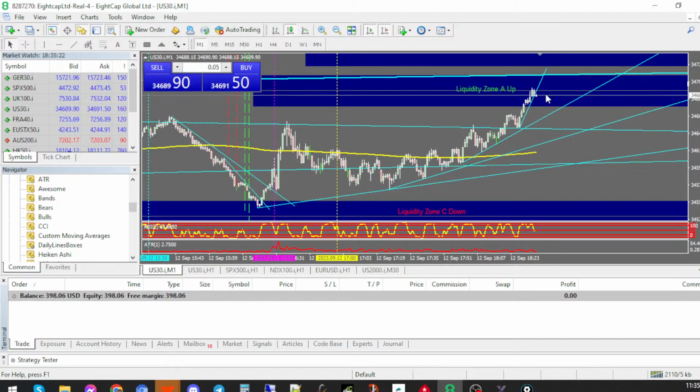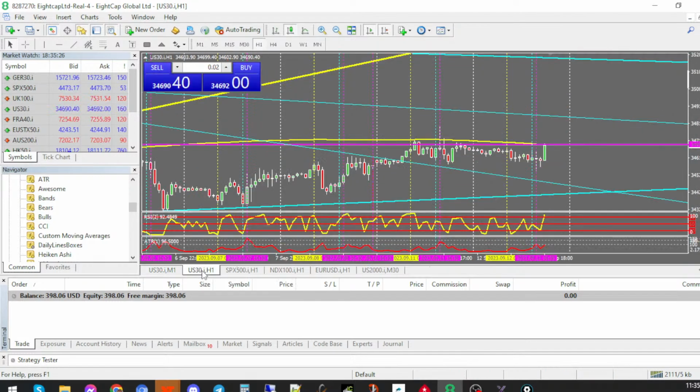Price is kind of moving slow today. Though this bar to the upside is very bullish on the 1 hour time frame.